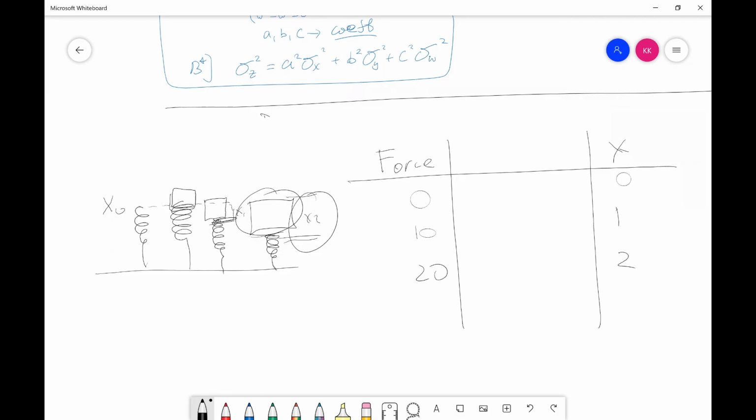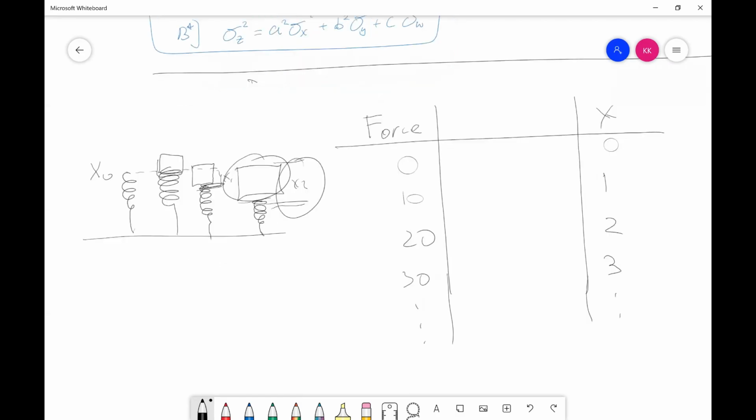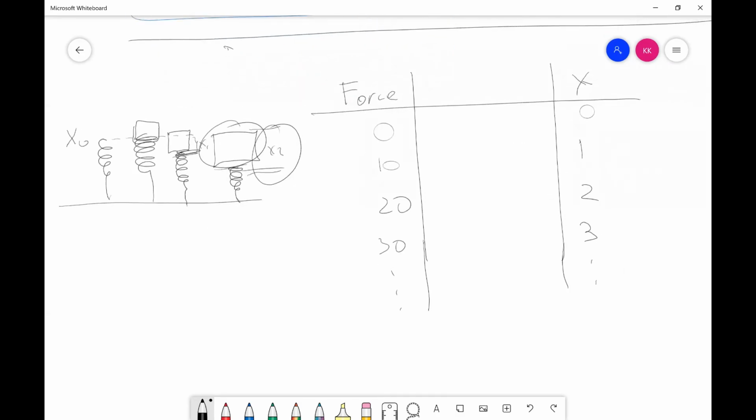That means now it's 2 centimeters stretched or compressed. When this is 30, this is then 3, right? And so on and so forth. That means what I have here is a data set where by changing one parameter, one quantity, you are automatically changing another one. So that's why this is a little bit different. You have two things affected by one another.